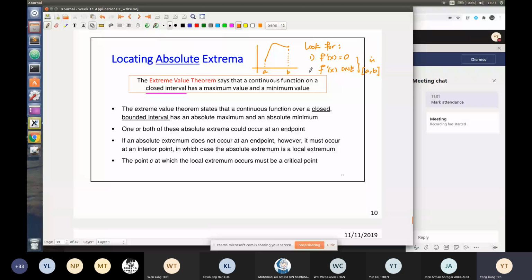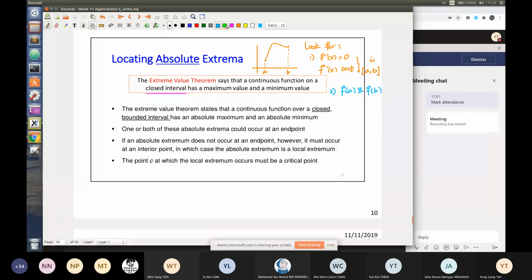So this is number one. Secondly, you also have to look for the endpoint values, f(A) and f(B). So basically you have to compare across the board. Find the critical number, check whether it is inside AB. If it is, then put it as one of the candidates, and also compare with the function values at the extreme limits.